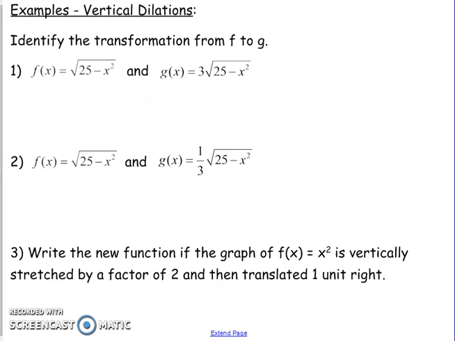So here, we want to see the transformation from f to g. Everything's the same except for in the g of x, you have a 3 in front. Since that number is in front, it's going to be a vertical either stretch or compression. Since 3 is greater than 1, this is a vertical stretch, and it's a vertical stretch by 3. 3 is the factor it's stretched by because that's the number.